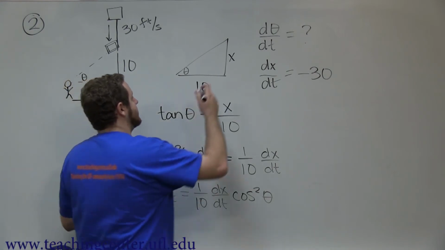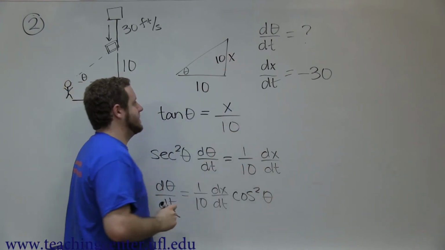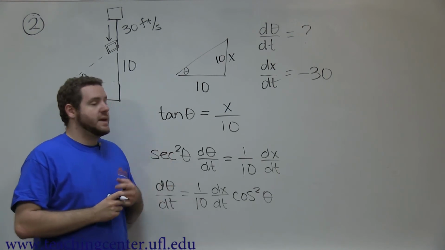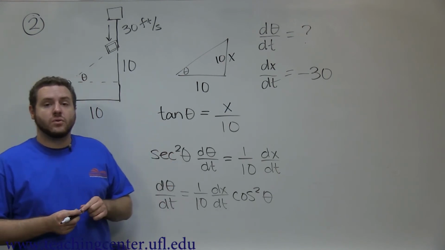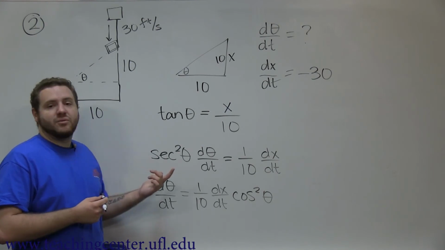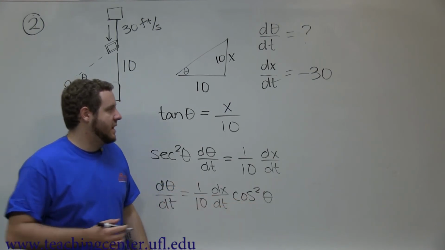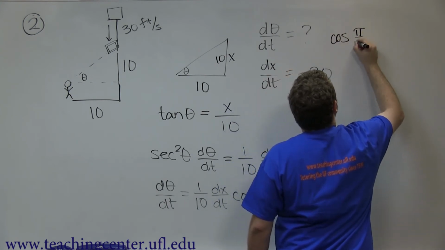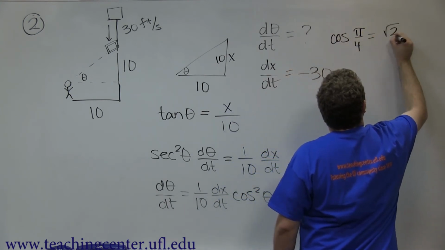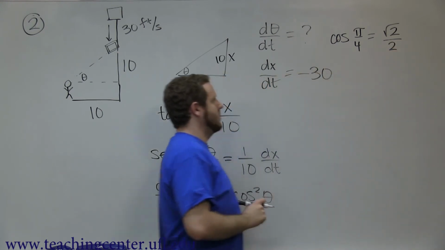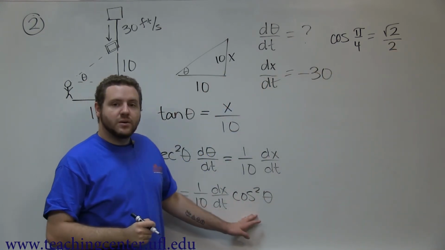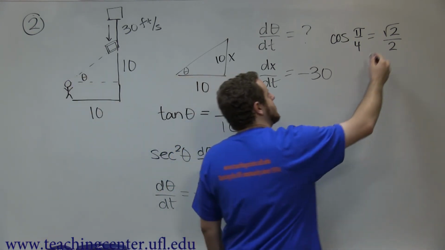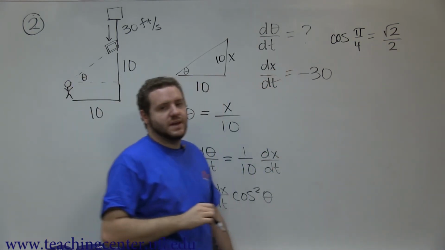If x is equal to 10 at the instant that we're talking about, then this is a 45, 45, 90 triangle, which means theta is 45 degrees, or pi over 4. So if theta is pi over 4, remember that cosine pi over 4 is square root of 2 over 2. But if we square that, which is what we're doing here in this equation, squaring this would just give you 2 over 4, which is a half.